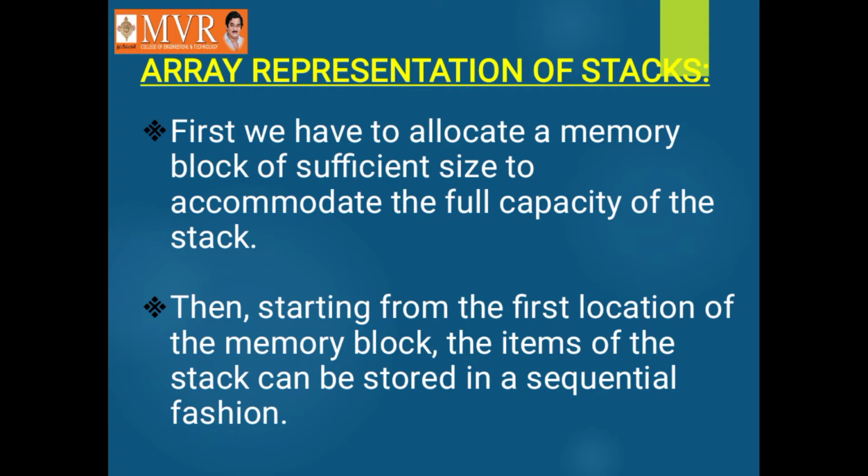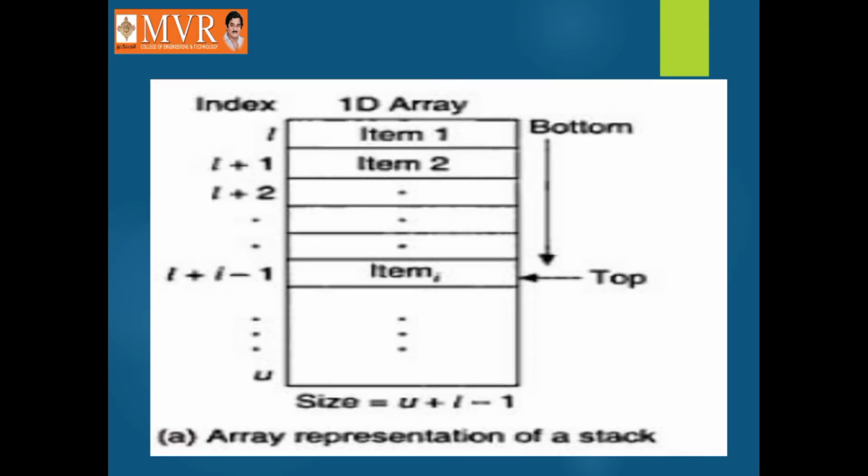For this array representation, we consider an array of fixed size, assume it is size 10. We take an array of some fixed size and store the elements of the stack in this array, and the elements are stored in sequential order only, since it is a linear data structure. Now, here is the array representation of a stack. If you observe this diagram, you can see an array.